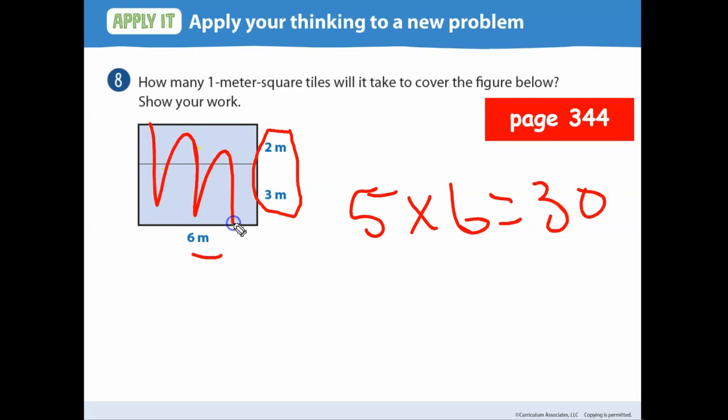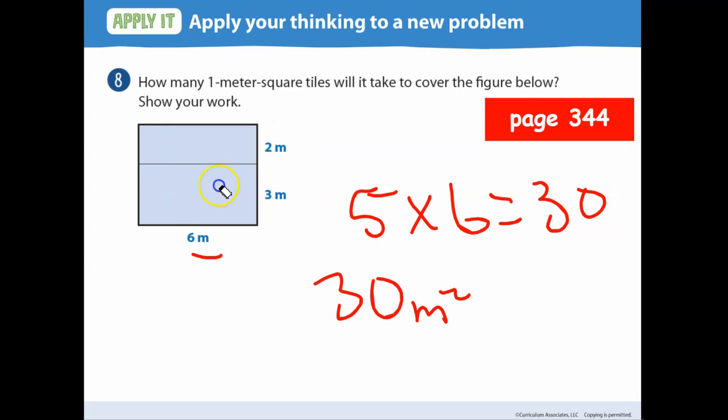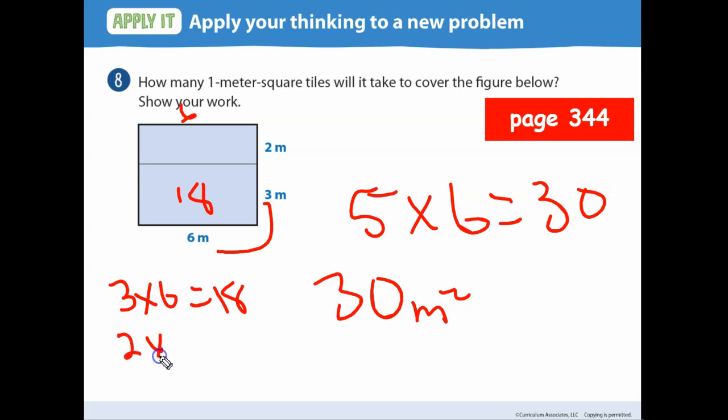So the area for the whole thing is 30 meters squared. Did somebody else do it the other way? Where if this was 6 at the bottom, you had 6 at the top, and you went 3 times 6 is 18. So 18 was here. And then you went 2 times 6, which was 12. And then you added 18 plus 12, which was 30. That was another way to do it.